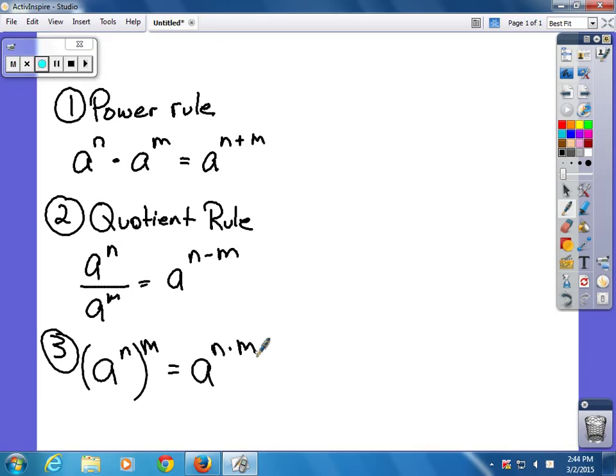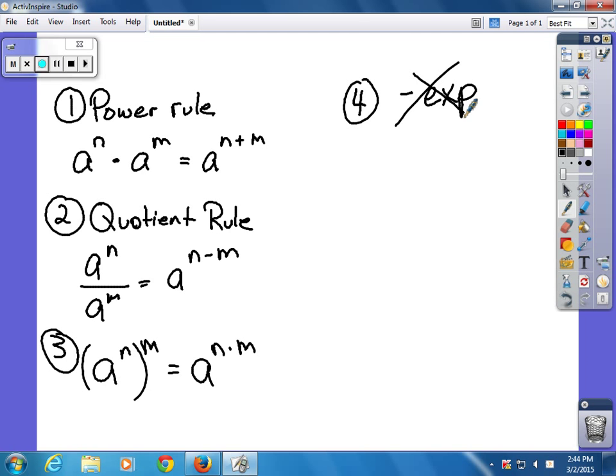The next two are for aesthetics, in other words, make it look better. Because what do we not like? We do not like negative exponents. Whenever we're dealing with a negative exponent, we usually find a way to rewrite it to where it's a positive exponent.